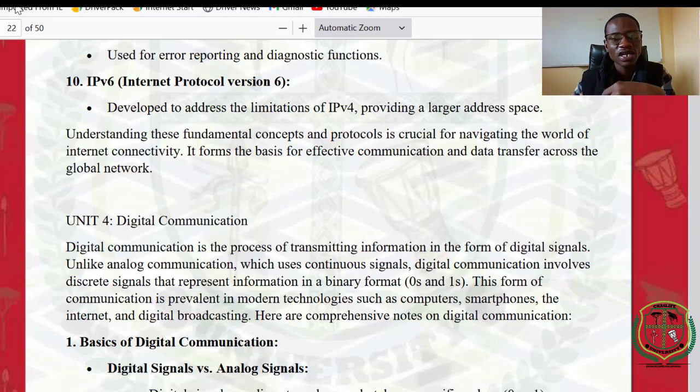The old vehicles have an analog system. You may Google about it and check how it is. But normally, with modern technology, digital communication is very important in our study of the ICT course.